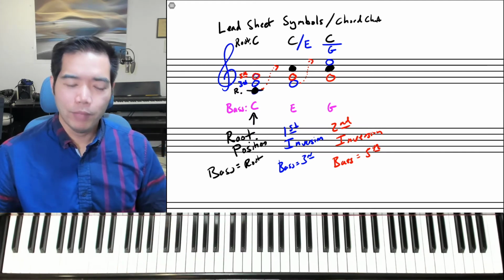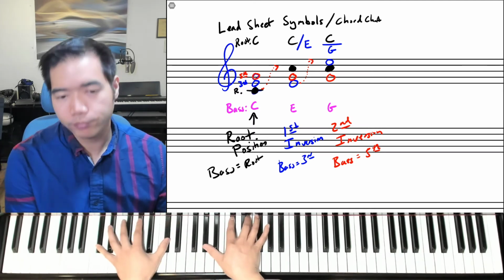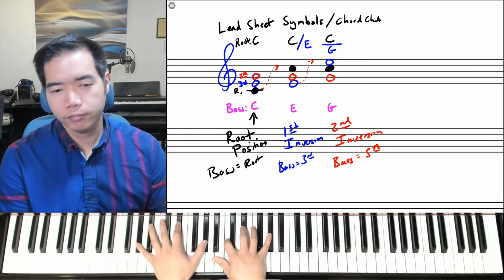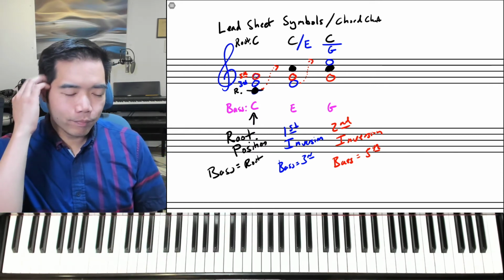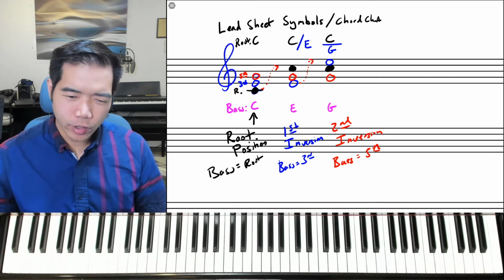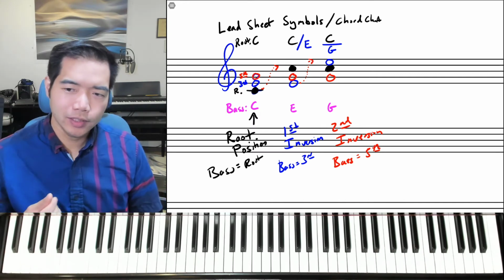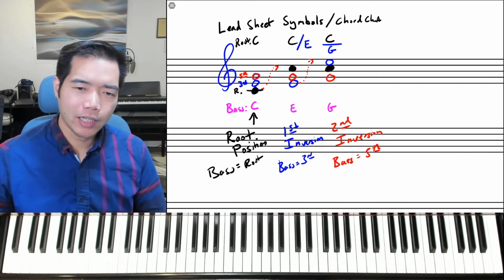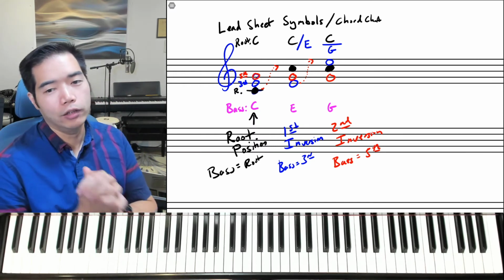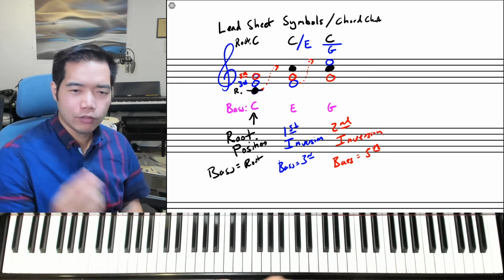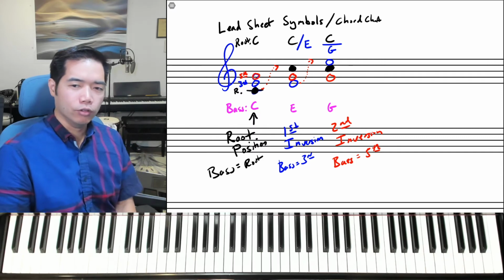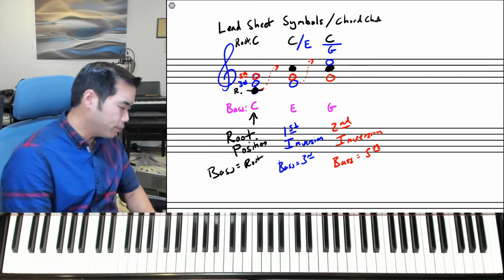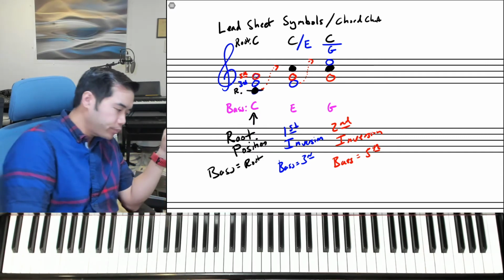If I did it in root position, it's just not going to have the same sense of questioning. So this is something I think is a really powerful tool to understand. And when you understand the reason for it, I think it makes it a lot more interesting too. So really powerful stuff here. And it's so simple to understand.